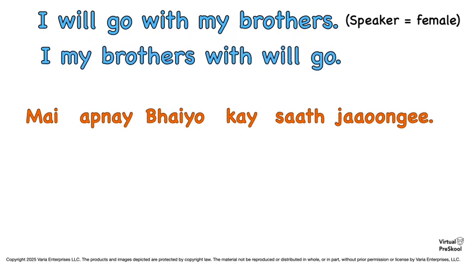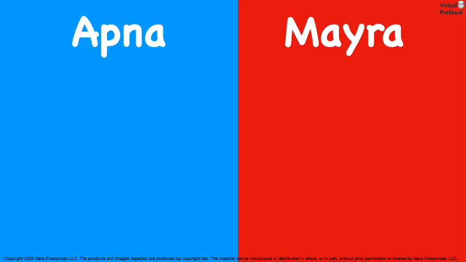All right. And if we were going to scramble the words from English into how they would translate into Hindi, it would be I, my brothers, will go. Okay. So let's look at the difference now. You might be wondering, but Samtanta, you've taught me possessive pronouns before, like mera, aapka, hamara.